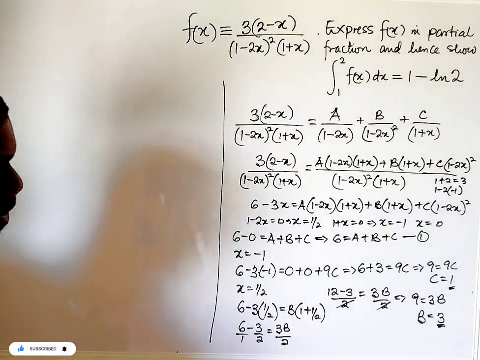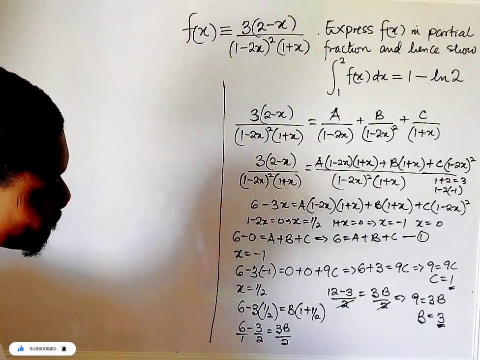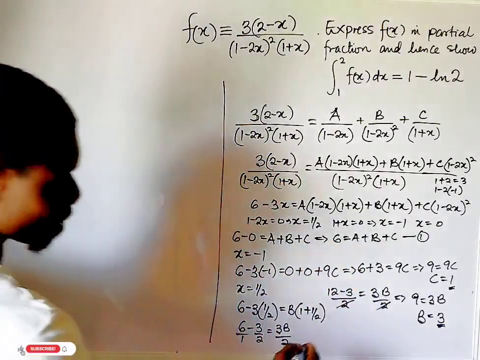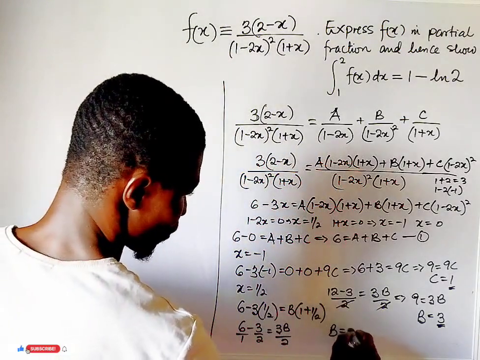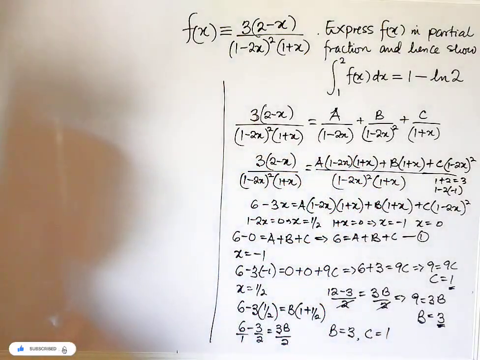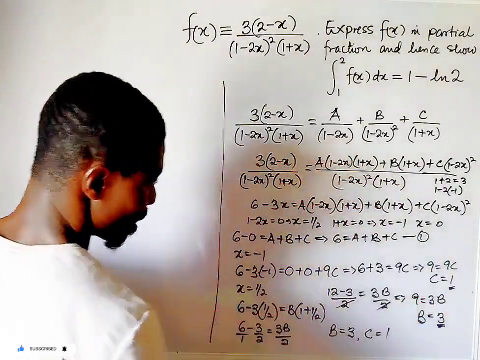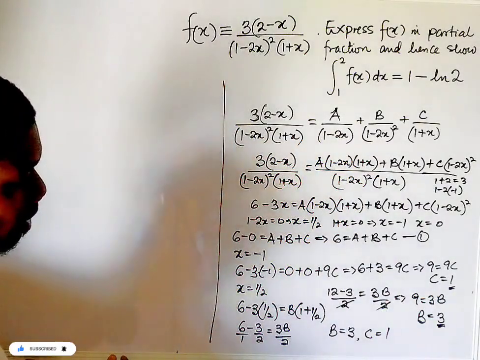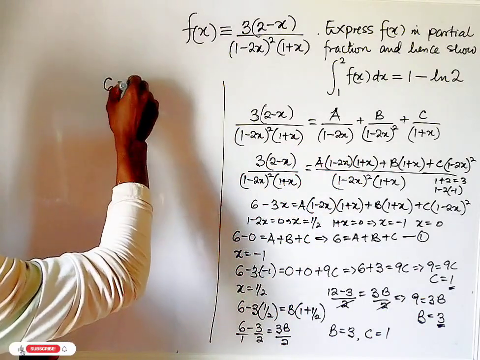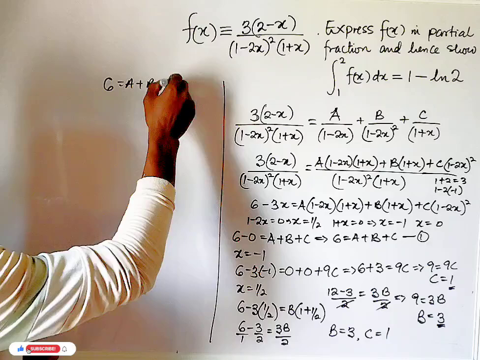Now we can come over here and see, since we've gotten b to be 3 and c to be 1, let us plug in these values into equation 1 here. So we have that 6 equals a plus b plus c.